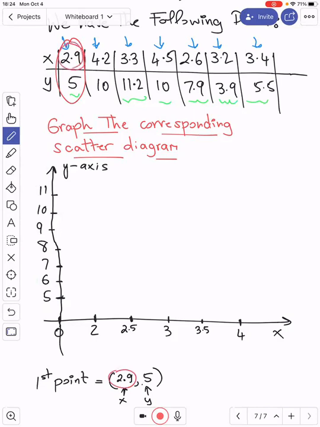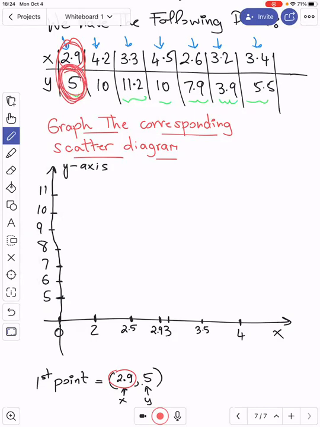2.9 is gonna be very close to 3, so it's somewhere right here. This would be 2.9. Now, what's the corresponding y? From the table, the corresponding y is 5.